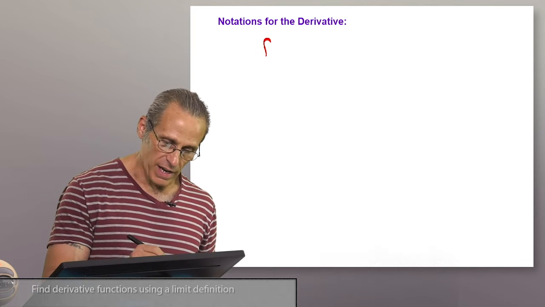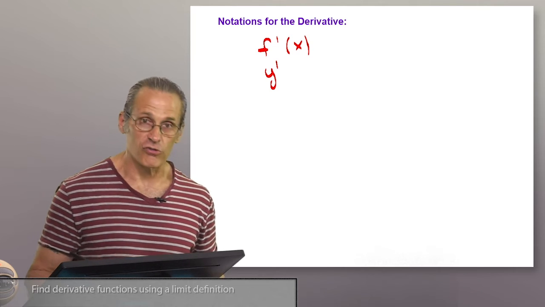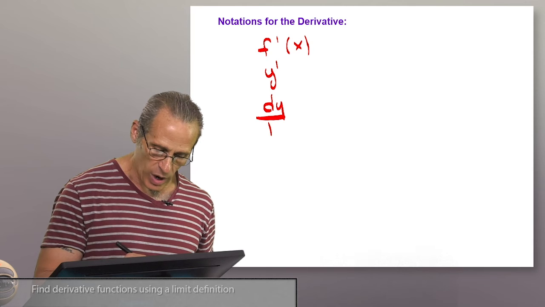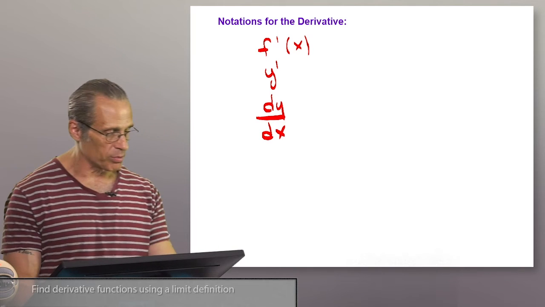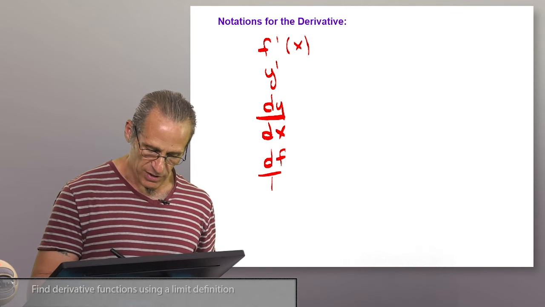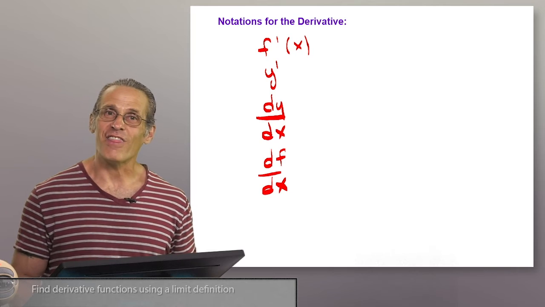I can write y prime if the function's in terms of y. I can write change of y over change of x, dy dx, as h goes to 0 is what that implies. Or if the function is named in terms of f of x, df dx. All of these are notations for the derivative.